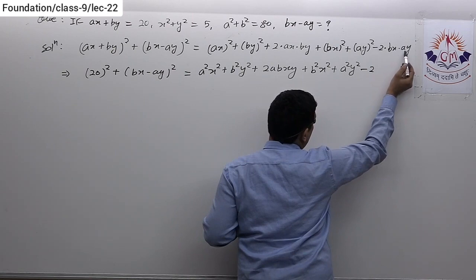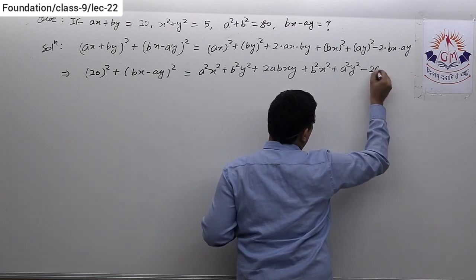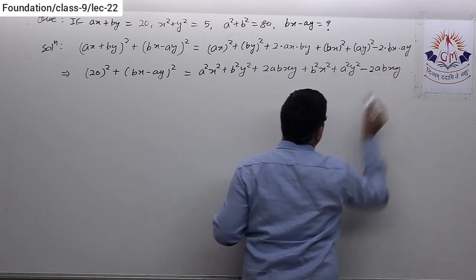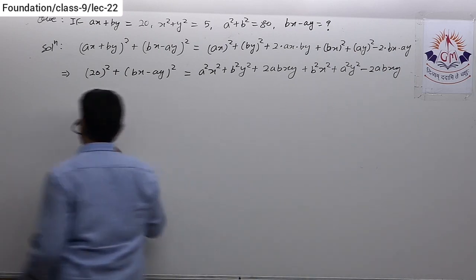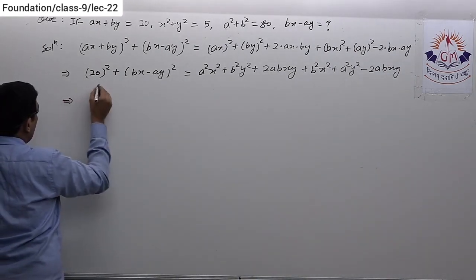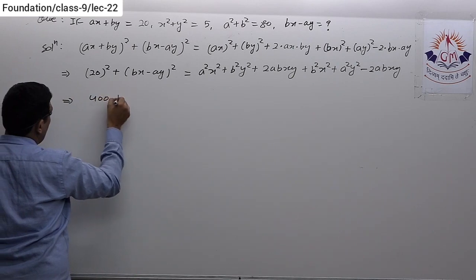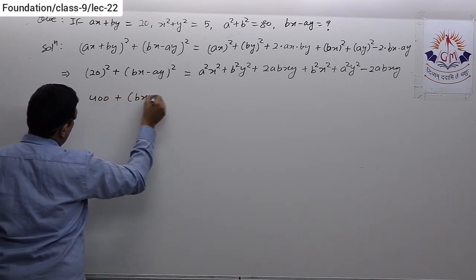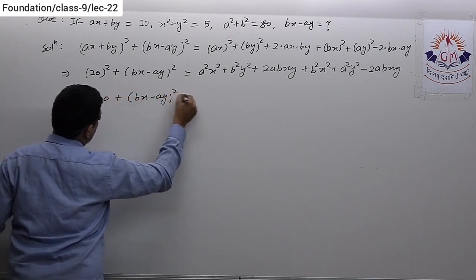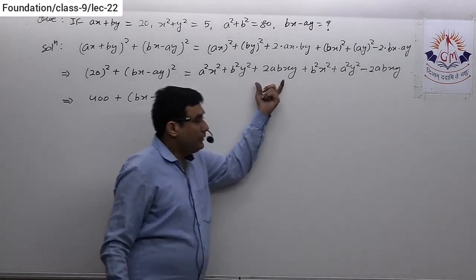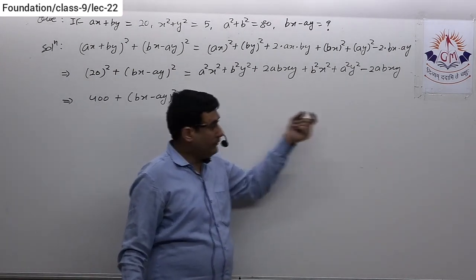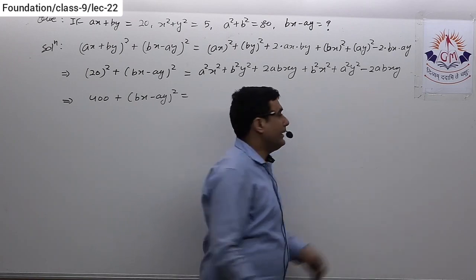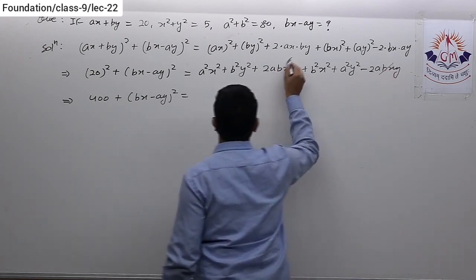You can see we have a, b, x and y over here, so I can write in this way. Okay, now further it is almost done. Now 20 square is 400 plus this I need to find. Now over here 2abxy positive, 2abxy negative, obviously I can cancel them.